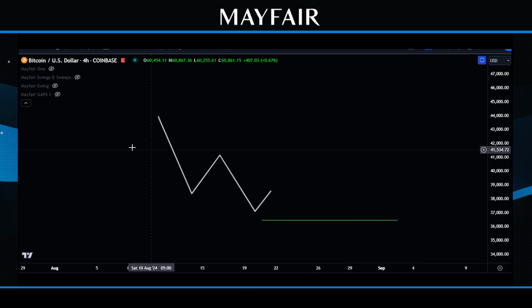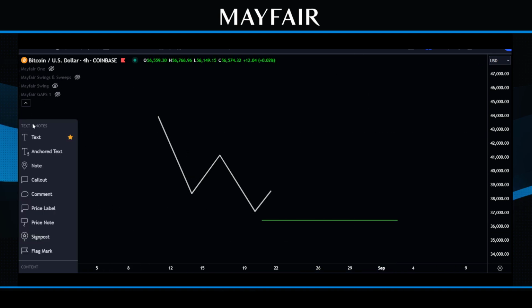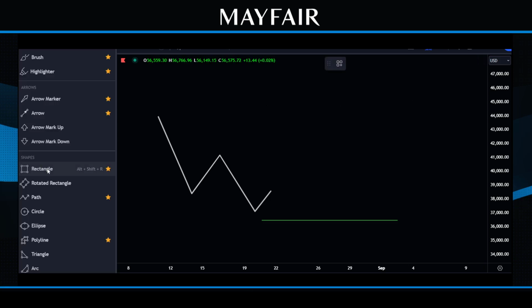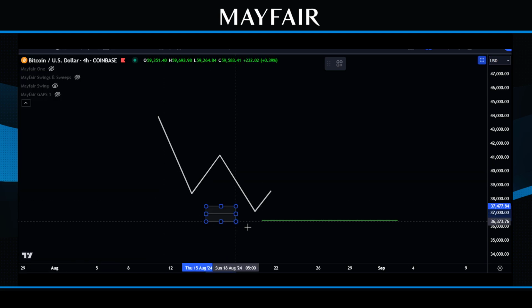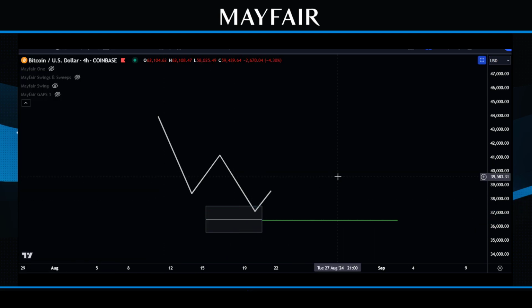Now, it almost doesn't matter what the level is. This could be a master pattern. This could be a fair value gap. This could be supply. This could be support. This could be literally anything in the grand scheme of things. It's just the general sense.